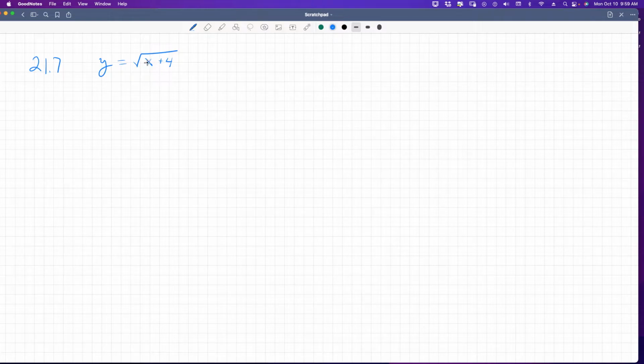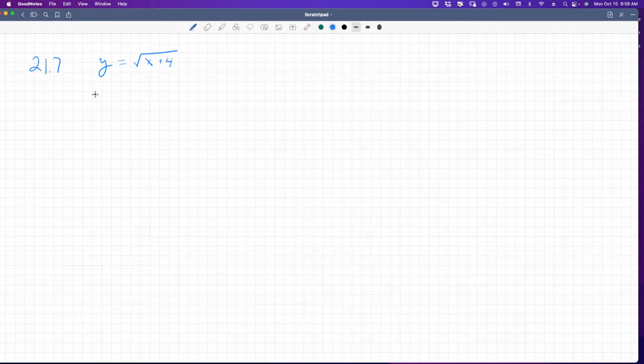All right, so right away I see that if x is less than negative 4, we're going to get an imaginary number. But it could equal negative 4, and that'd be fine, because negative 4 plus 4 would be 0.